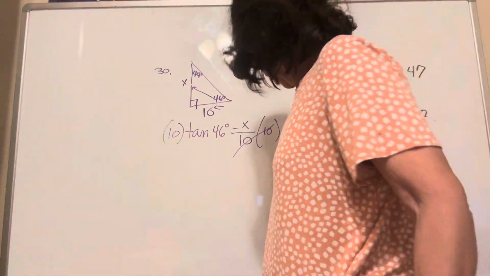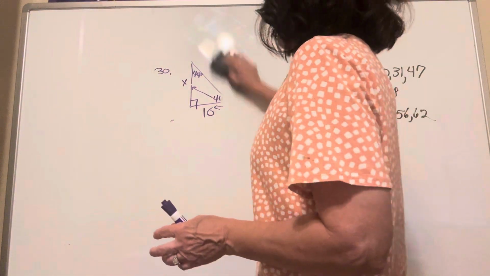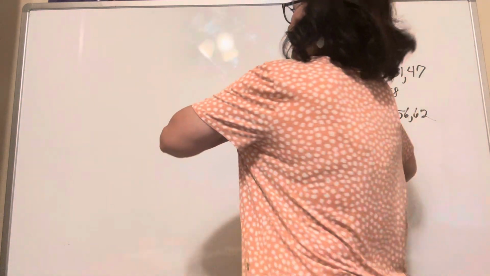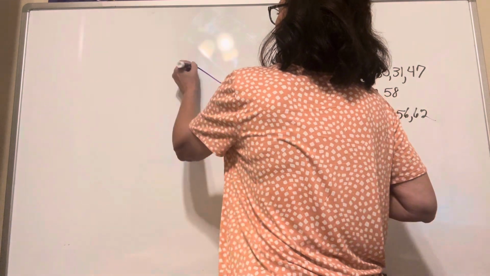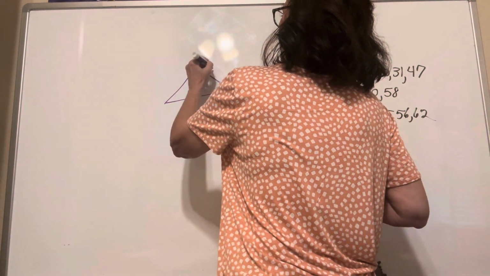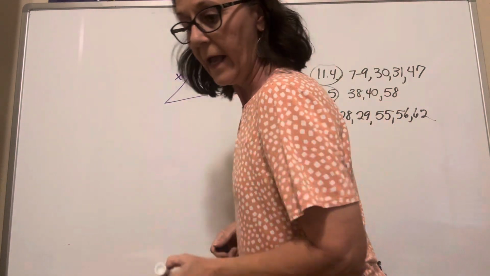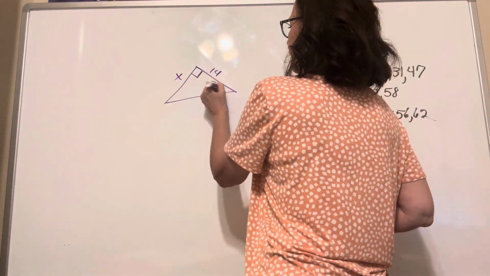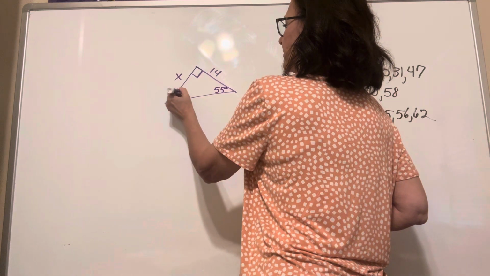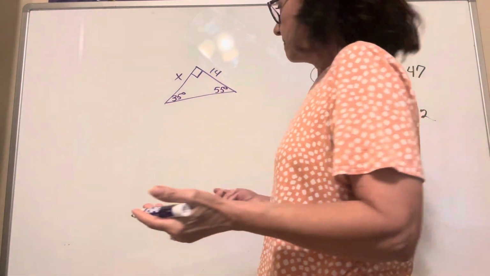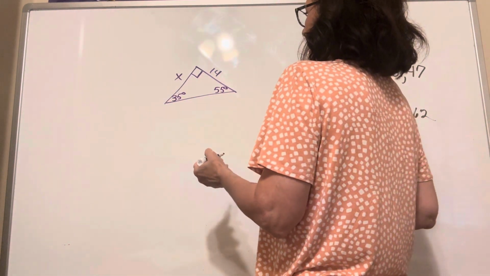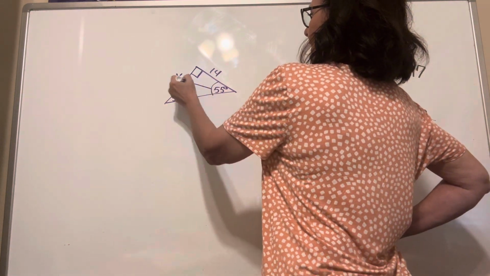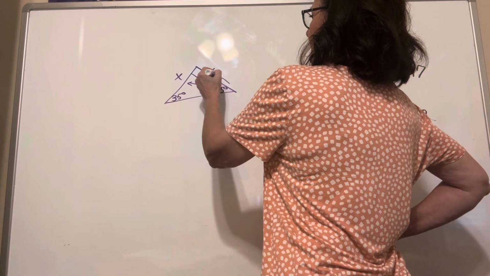All right. Number 31, we have this triangle. 14, x, 55, 35 degrees. Doesn't matter which one you use. I'll use the 55 degrees this time. That's opposite.